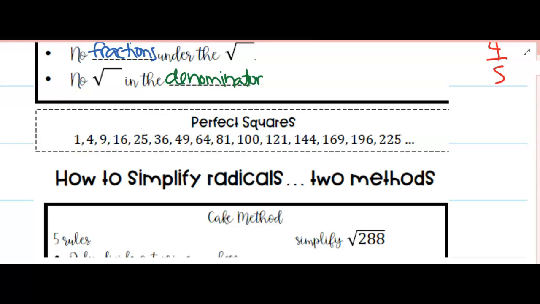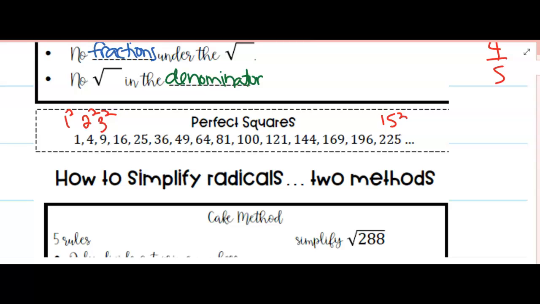Another way you could get these numbers is you could take 1 squared to give you 1. You could take 2 squared to give you 4, 3 squared to give you 9, and so on. I stopped at 15 squared, but you could keep going to get 16 squared. So if the number under the radical has one of these numbers as a factor, remember from our factoring unit, a factor is something that can be multiplied together to give you that number.